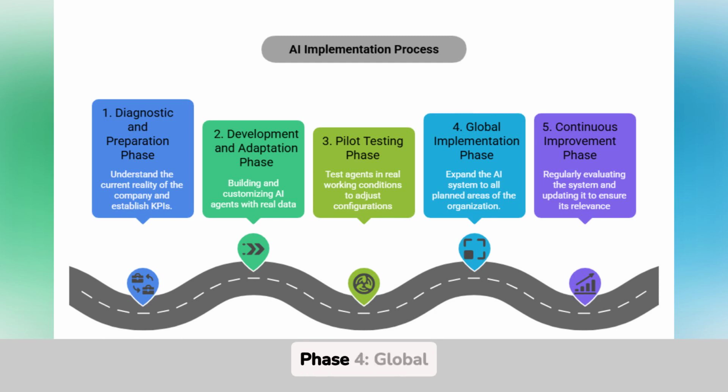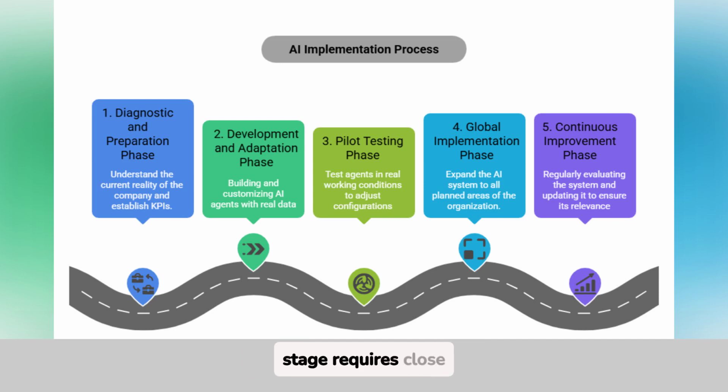Correct. Phase 4. Global implementation. Once the results of the pilot test have been validated and the fine-tuning has been done, we extend the system to all previously planned areas: sales, operations, finance, logistics, customer service, maintenance, etc. This phase includes the implementation of communication flows between agents, definition of action protocols for certain events, and configuration of the visualization tools to be used by management, such as dashboards, alerts, automatic reports, or predictions.